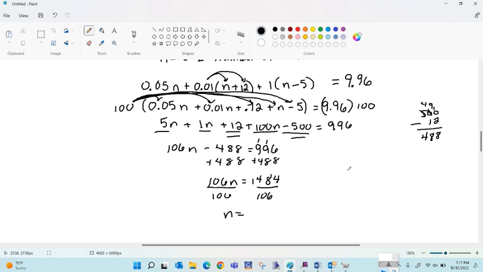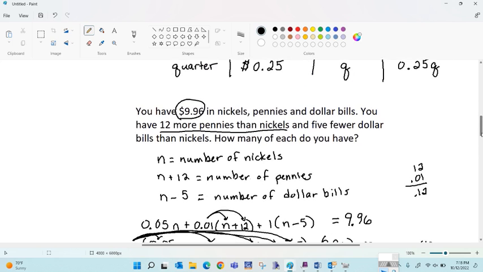Let's see. 1484 divided by 106. Well, there's 106, 2, 4, 424. Guess what? That goes in 4 times. Okay, so what does that tell me? That tells me my n is 4, which tells me that I have 4 nickels.